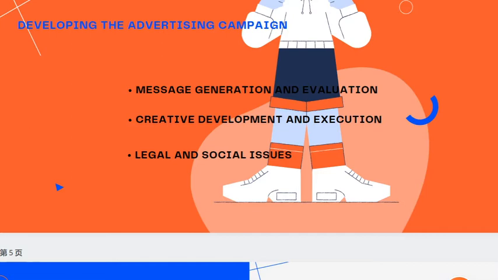They use three steps: message generation and evaluation, creative development and execution, and the social responsibility review. A good advertisement normally focuses on one or two core selling propositions.